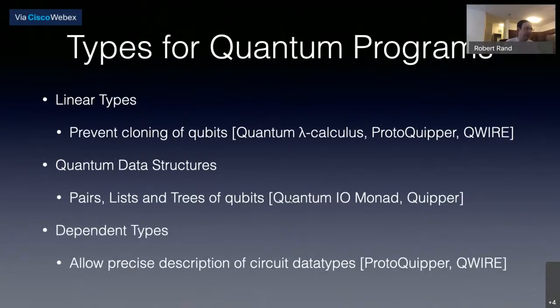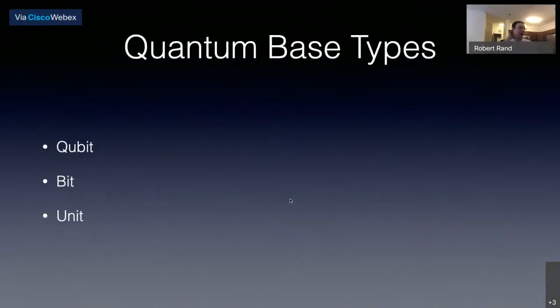And a third approach, which builds on the quantum data structures, is dependent types, which allow for very precise descriptions of circuit data types because you can specify, for instance, the length of the list of qubits that you have or the depth of the tree that you're providing. The thing about these types is that they are high-level structural types. So that's less what I'm interested in today.